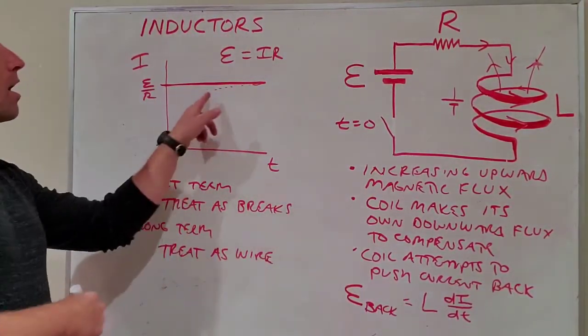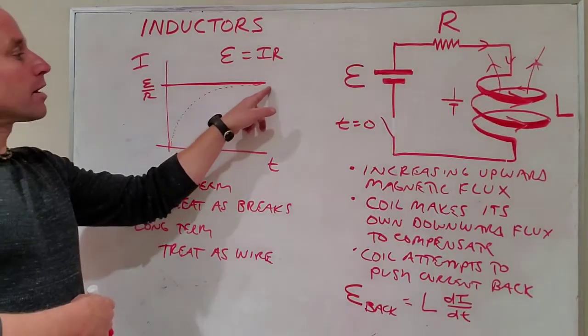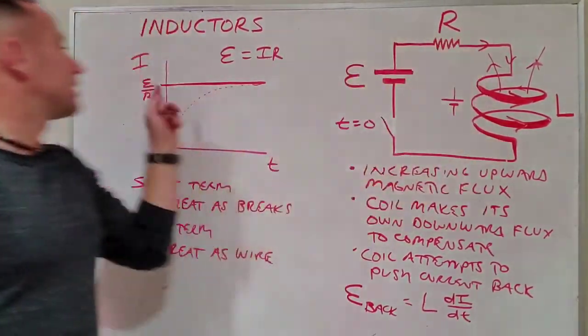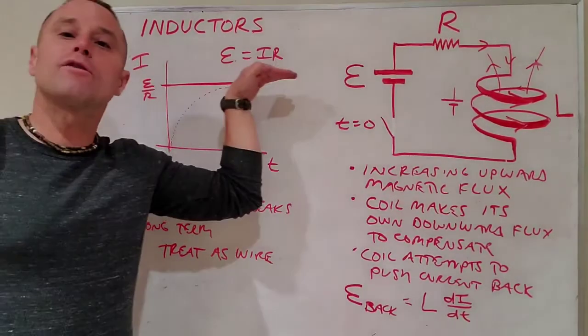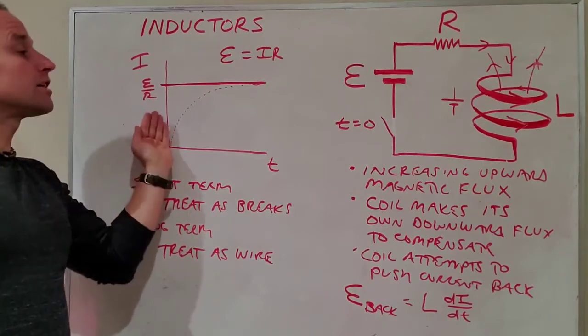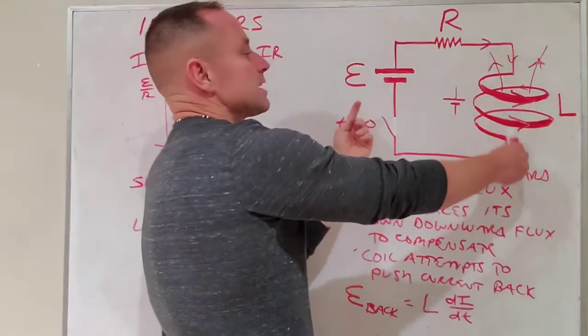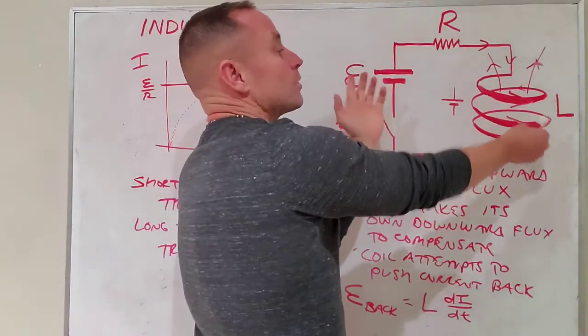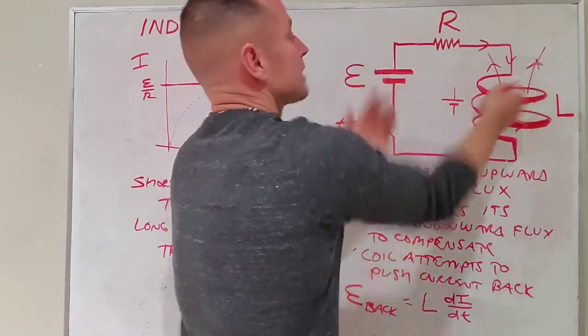And so notice in the long term, when the current is no longer changing, this thing is not pushing back anymore, and that's why you get a current that's equal to what you get from Ohm's Law. Whereas at the beginning, the current is changing like crazy, and so this thing is pushing back and is most active at that point in time.